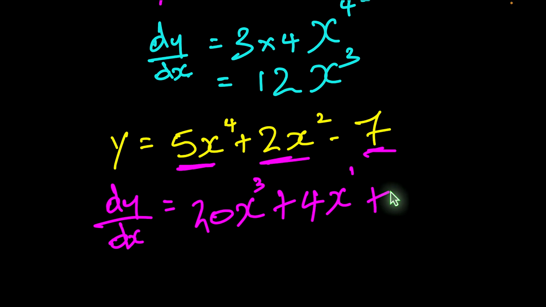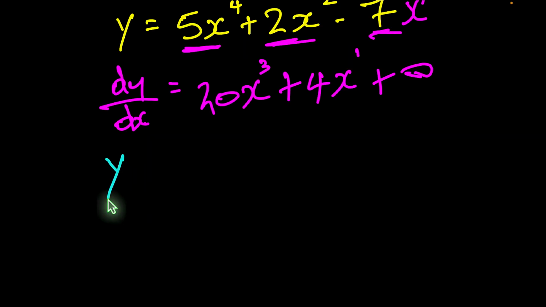Here it looks as if there is no x, but the term for the x is actually x to the power of 0. And when we do 7 times 0, already that term is 0. So you don't have to write the 0 at the end, but just to emphasize what we're doing here.